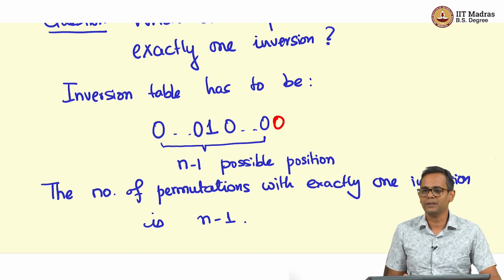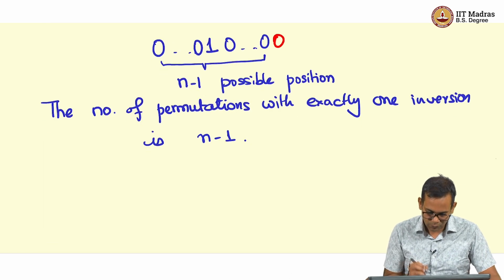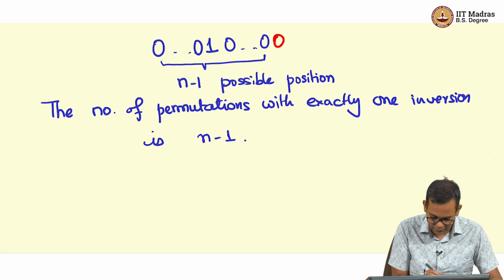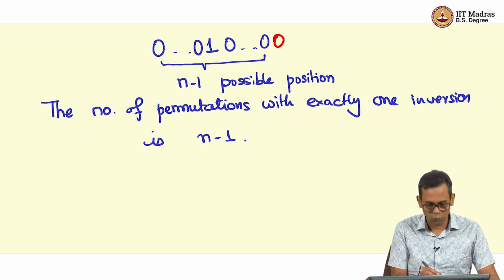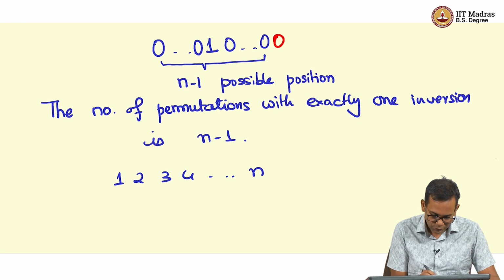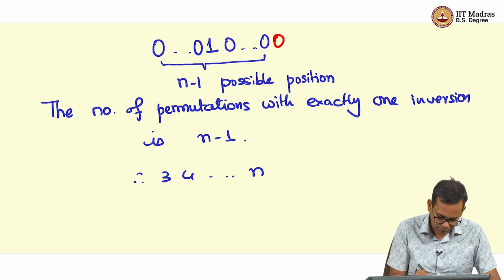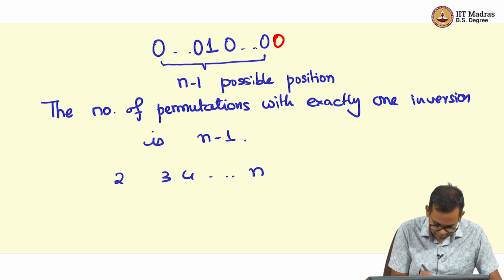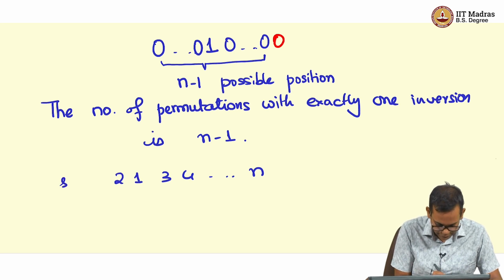What are these permutations? I will show you, it is quite clear once I write them down. We have the permutation 1, 2, 3, 4, up to n, which has no inversions. You just take 1 and 2 and switch them around, 2, 1, 3, 4. I will call this S1.